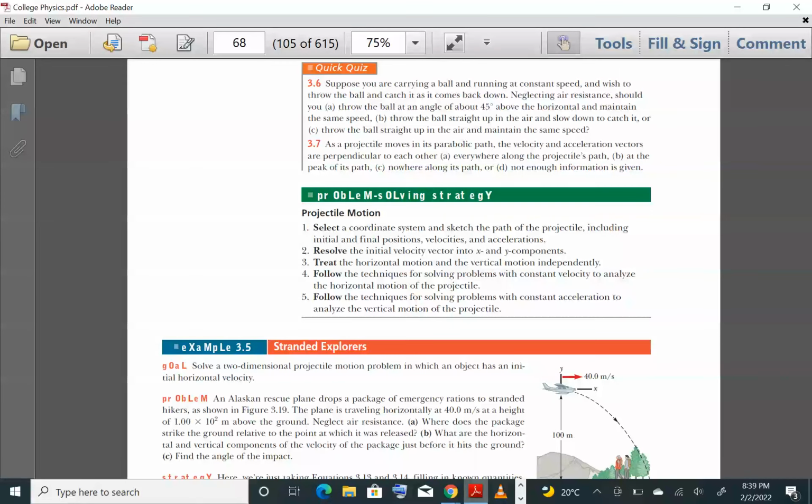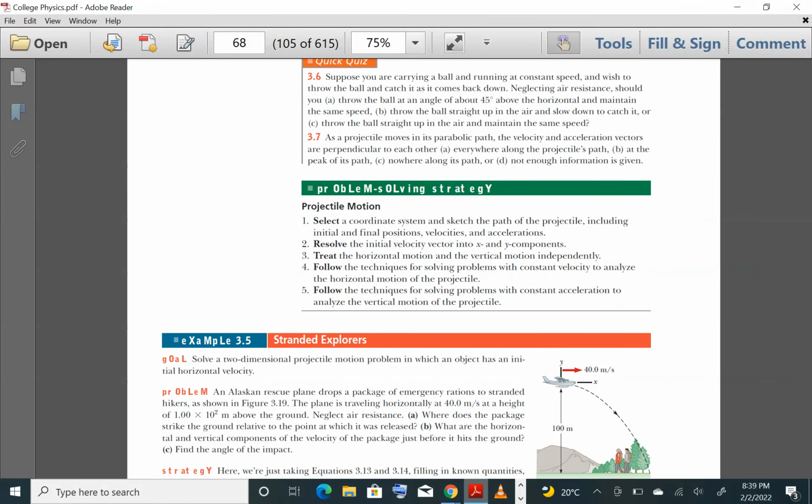But since it's falling down, remember what I said, in the vertical there is always acceleration, which is acceleration due to gravity, acting on the package. Therefore the final velocity of this package just before impact was not zero, it was gaining a certain velocity as a result of gravity.